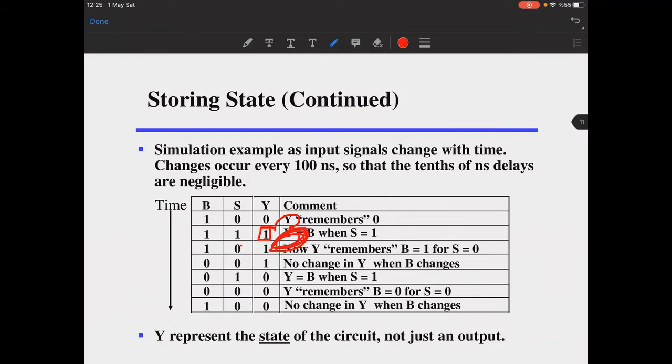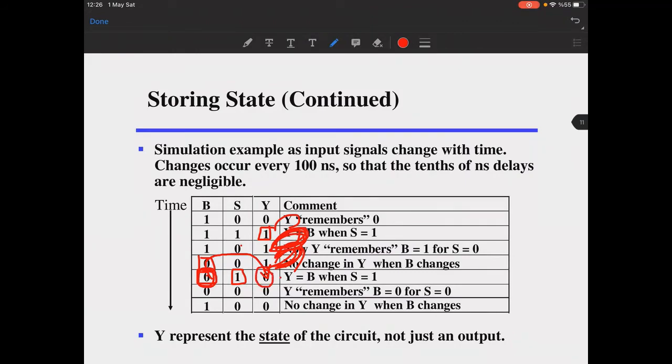Then if your b is 0 again, you don't care, because it is still remembering its value. When your s is 1 here, now your y becomes b, 0.